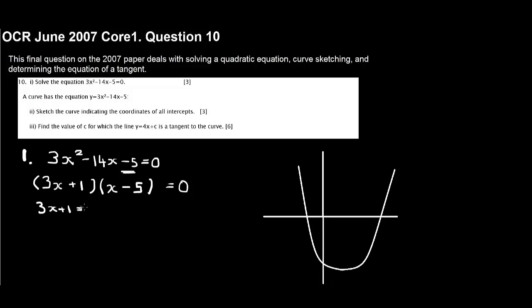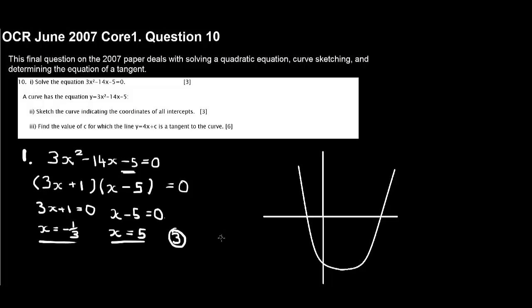So if 3x plus 1 equals 0, then that gives us x equals minus 1 over 3 for one solution. And the other one is if x minus 5 equals 0, then x is equal to plus 5. And that's 3 marks just for spotting that factorisation.